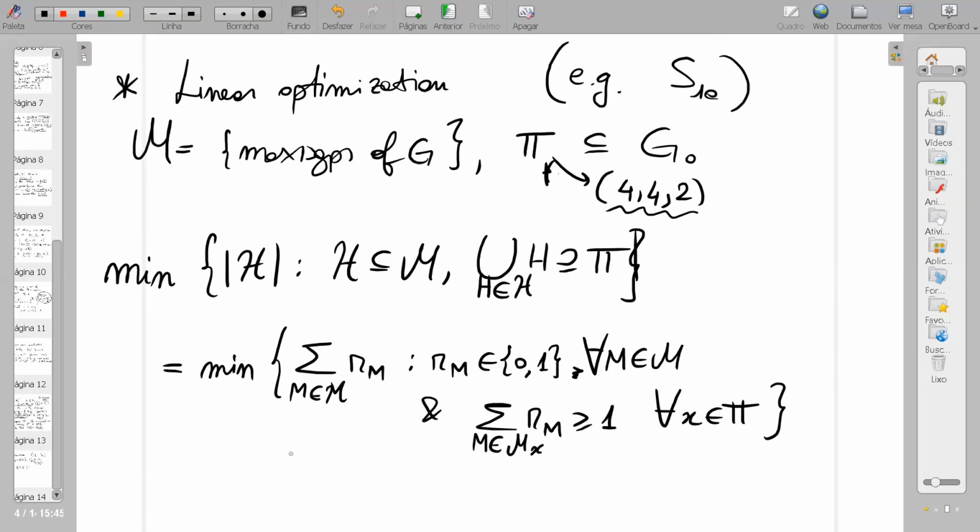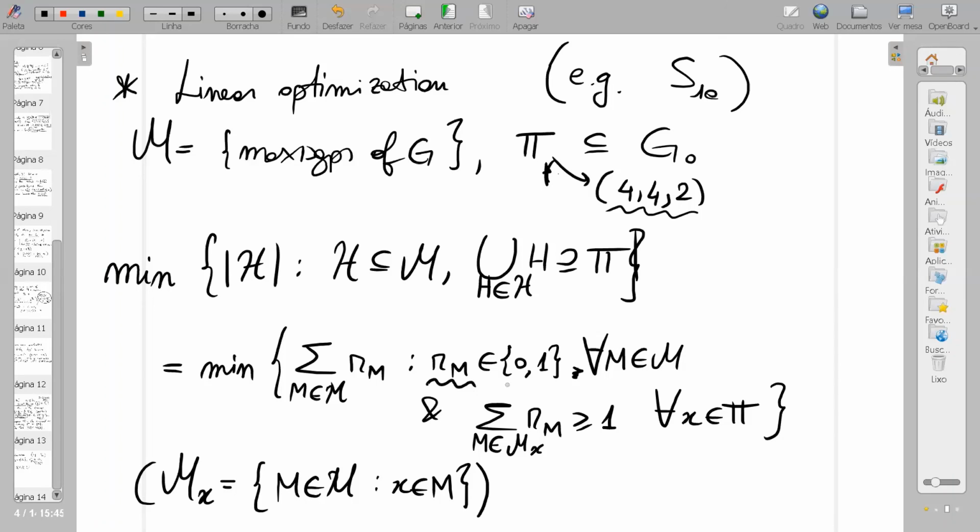Here Mx is the set of members of M containing x. The idea is that Rm tells you whether the subgroup M is in the cover or not: 0 is not in the cover, 1 it is in the cover, and this condition says that the family covers pi, because for every x the sum must be at least 1.